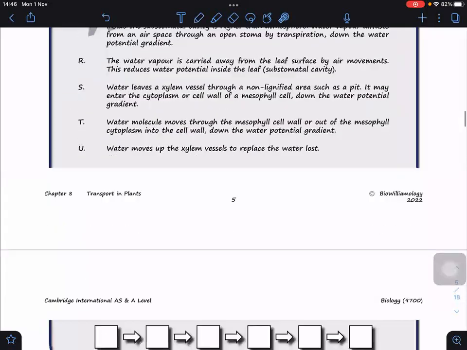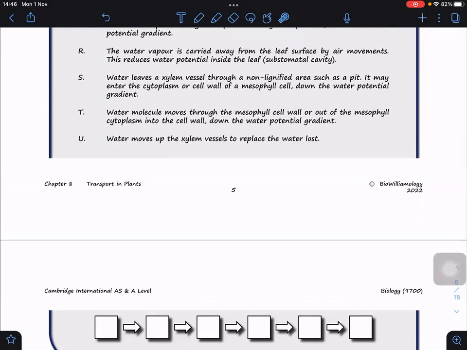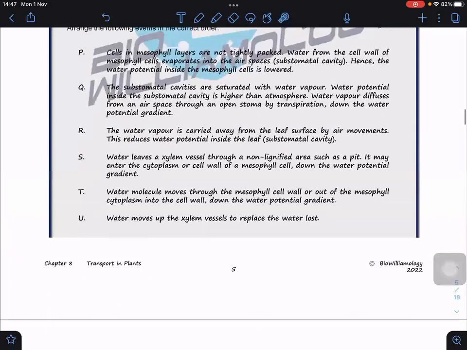So what's number 1? Number 1 is the water molecule moving through the mesophyll cells, the cell wall, or out of the mesophyll cytoplasm into the cell wall down the water potential gradient. Number 1.